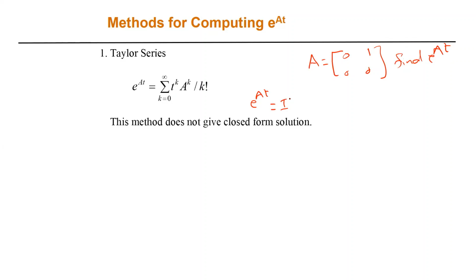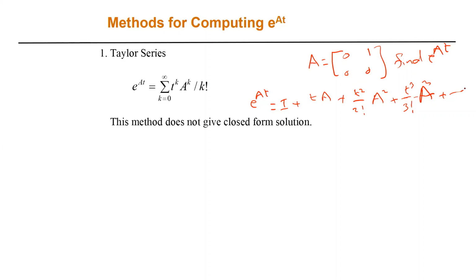I'm talking about matrices now. Plus T times A, plus T squared over 2 factorial times A squared, plus T cubed over 3 factorial times A cubed, and so on.